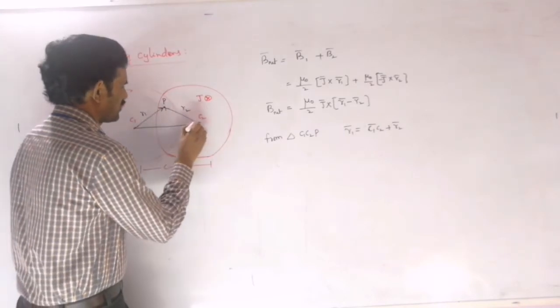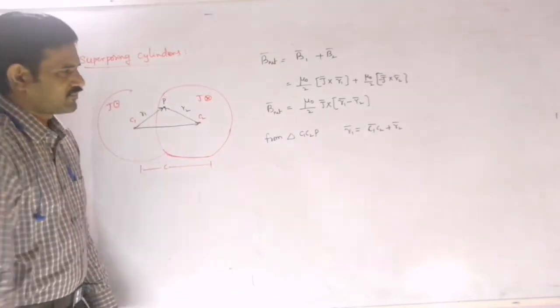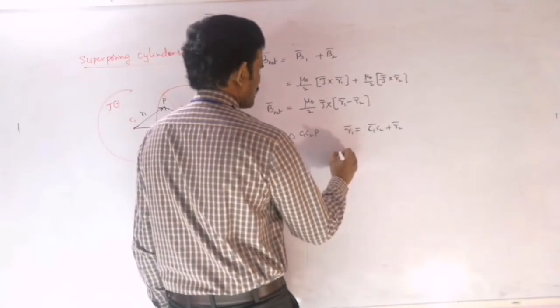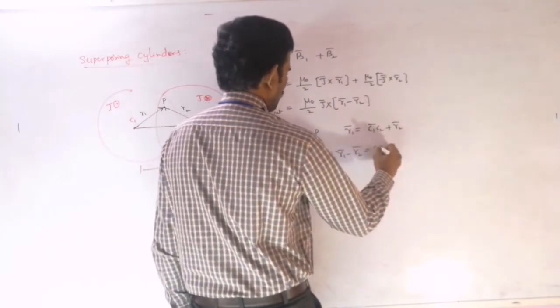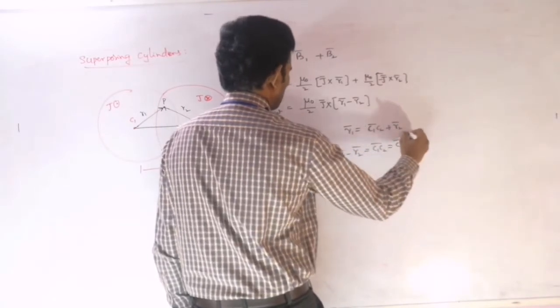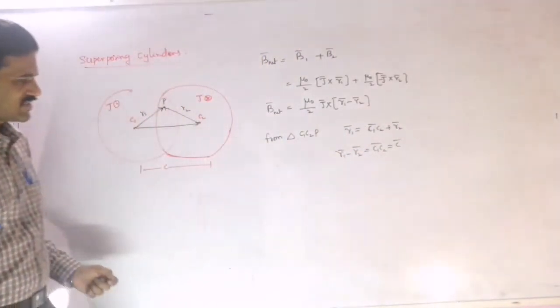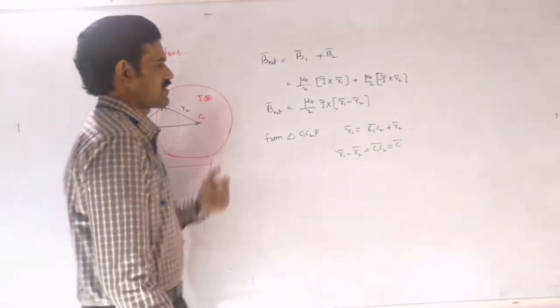So R1 bar minus R2 bar equals C1C2 bar, which I can represent as C bar, where C is the distance between them, right? So let us substitute that.